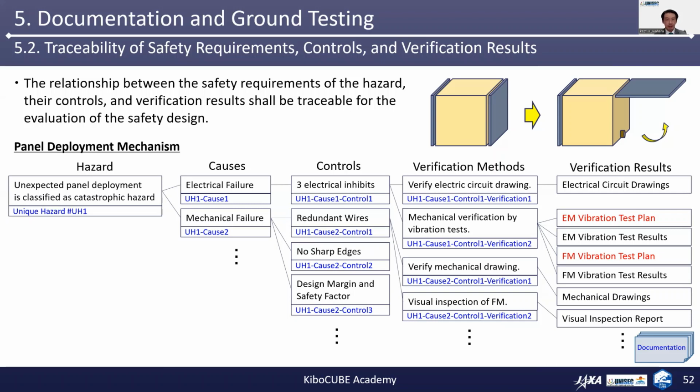And finally, as illustrated in the fifth column, the corresponding verification methods and results shall be documented. For example, verification of the electronic circuit design is done by drawings, and mechanical verification shall be done by means of engineering and flight model vibration tests, planning, and actual tests, as indicated here.